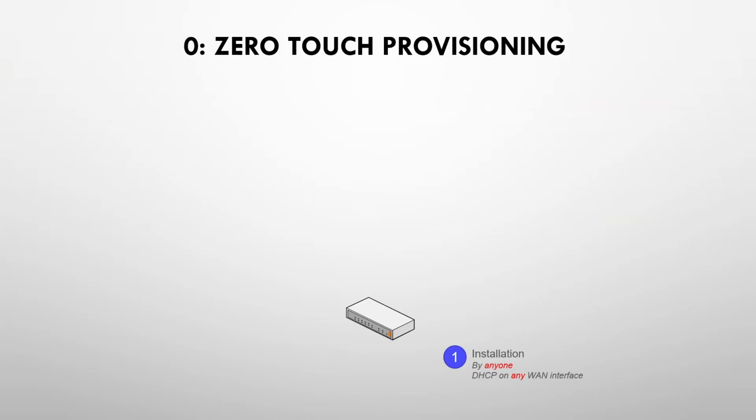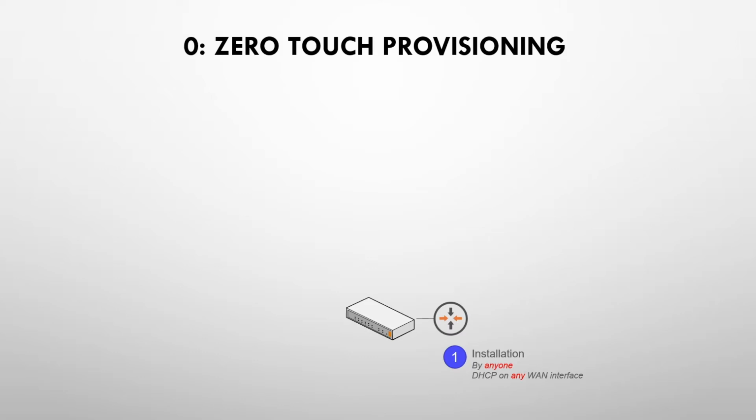After the branch office has received the SD-WAN device, the first step is installation. This can be done by anyone on the site, not necessarily a network engineer or IT staff, so this will largely simplify and accelerate the process of opening a new site. As long as a DHCP service is available on the WAN side, this whole process is really plug and play.